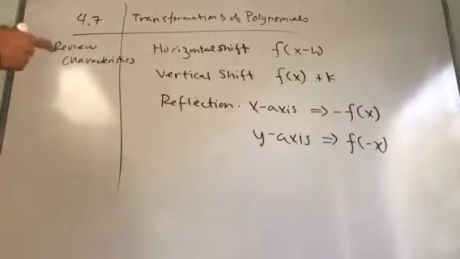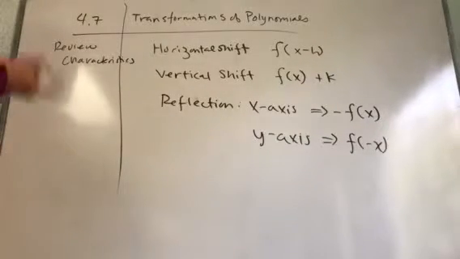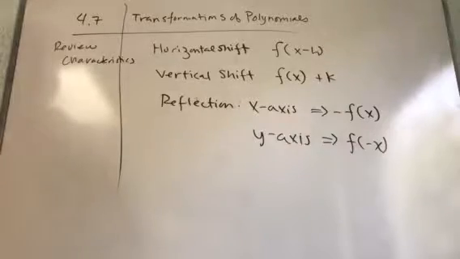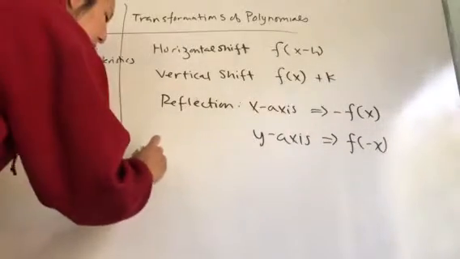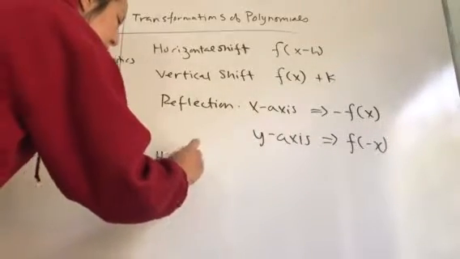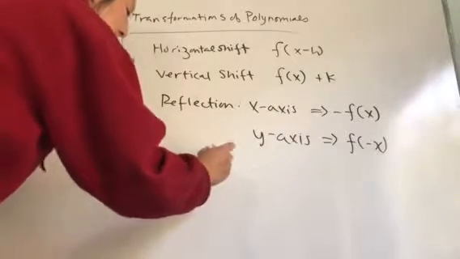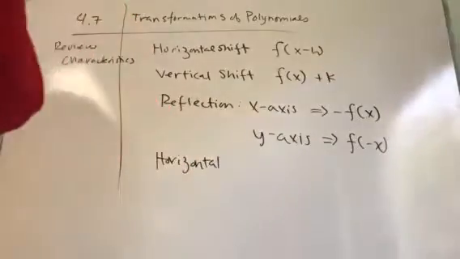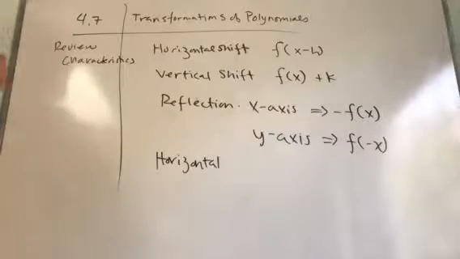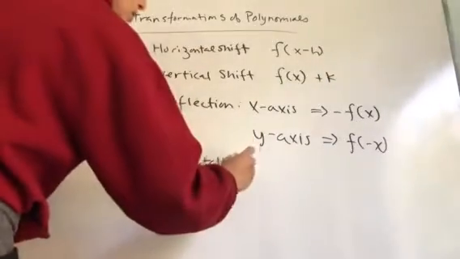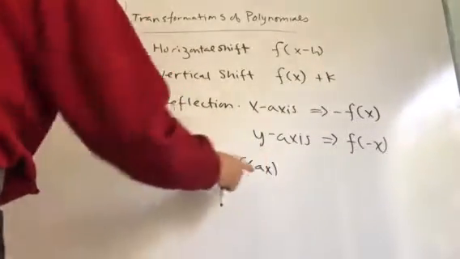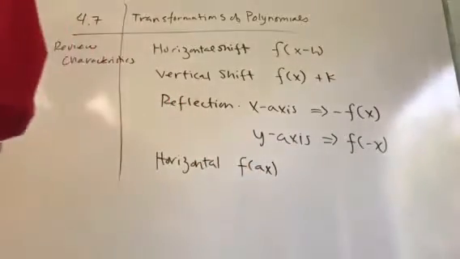The other thing was the stretches and the shrinks, both horizontally and vertically. If you had a horizontal stretch or shrink, we can define it as such. If you want to do a horizontal stretch, you multiply x directly in the function by a factor of a.